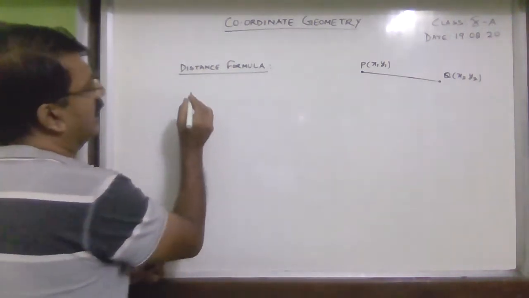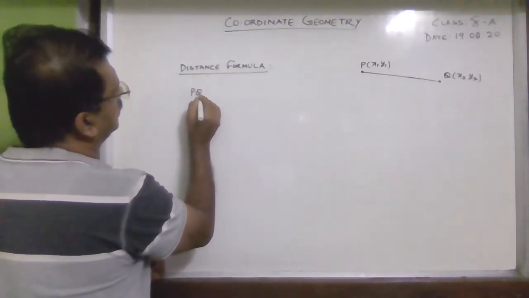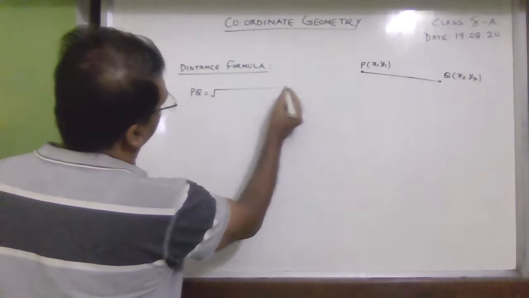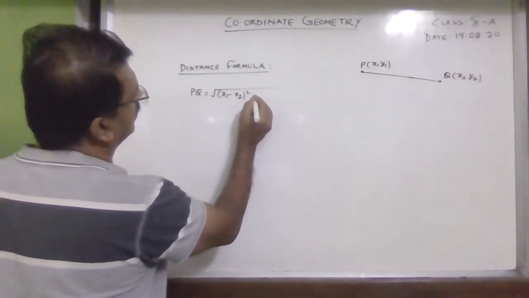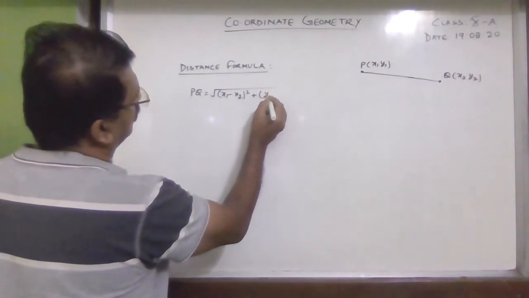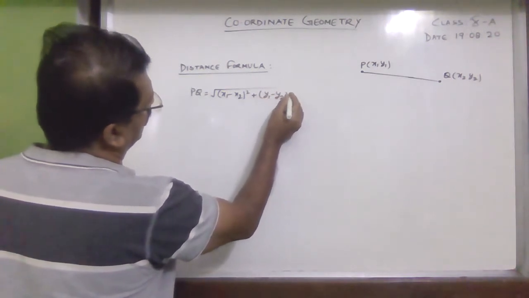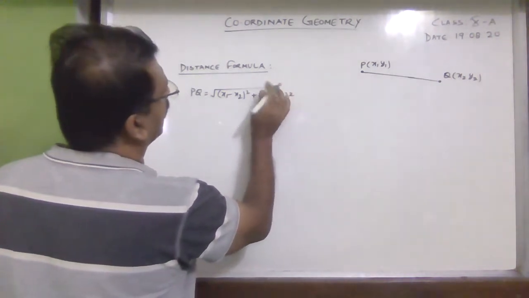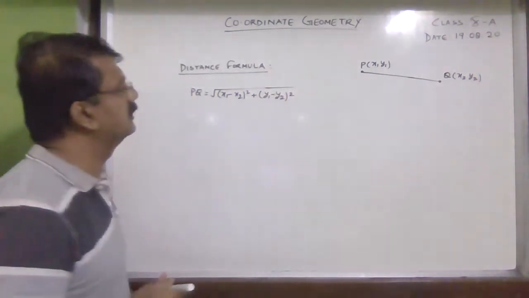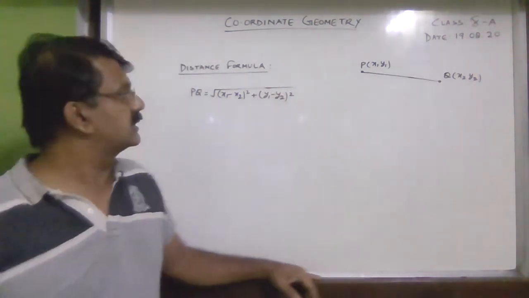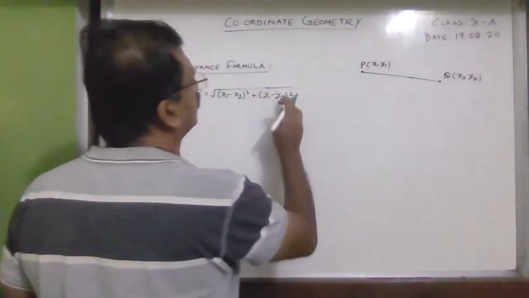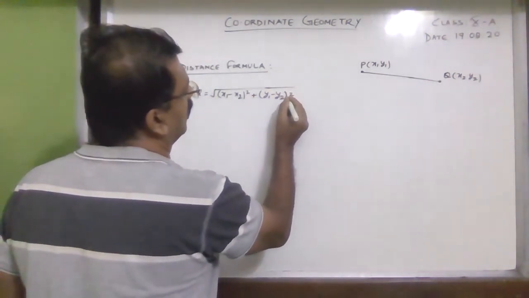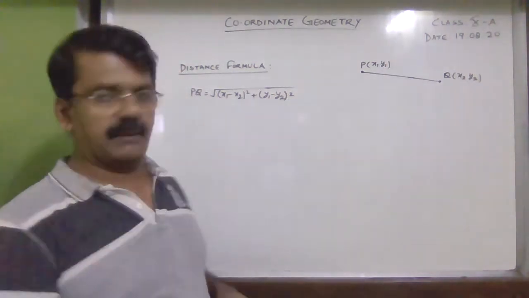So the formula to find the distance PQ is equal to under root x1 minus x2 whole square plus y1 minus y2 whole square. The distance PQ will be equal to under root x1 minus x2 whole square plus y1 minus y2 whole square, and this is called the distance formula.